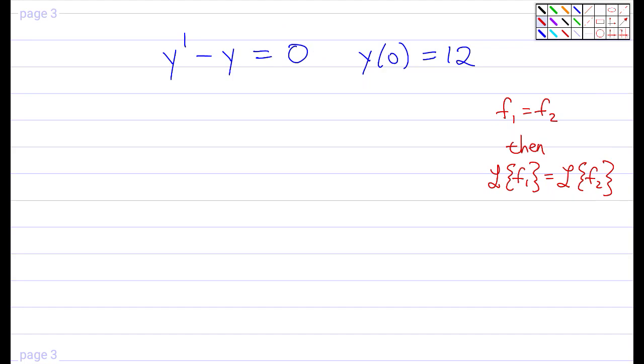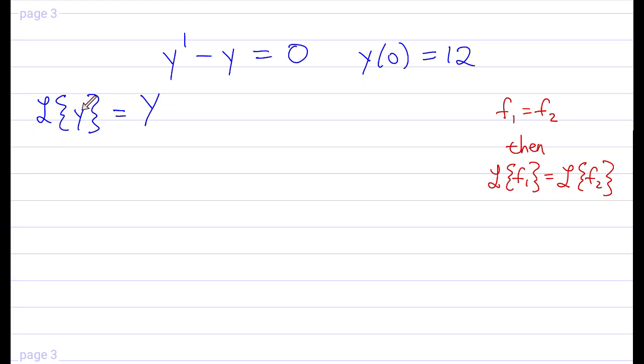Okay, so I'm going to do that. Here's where we need our formula for the Laplace transform of the derivative. And I'm going to simplify notation because these curly brackets and the curly L's are kind of irritating. Traditionally, we use uppercase letters to represent the Laplace transform of a lowercase function letter. So that's what I'm going to use. And all we need is our formula for y prime, which we just derived.